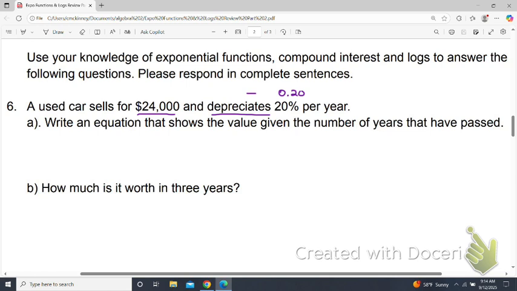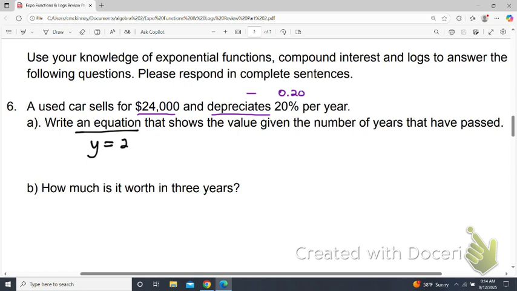And so that equation, and it's an equation. Now, I don't care if you want to use A for amount, or you want to use V for value, or you want to use Y equal, but it does say equation. So we need something equal.